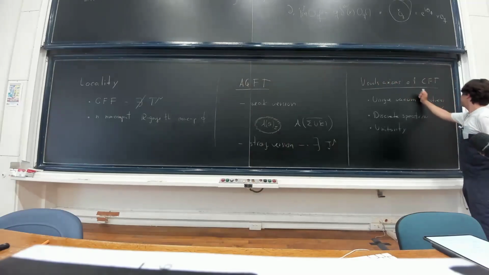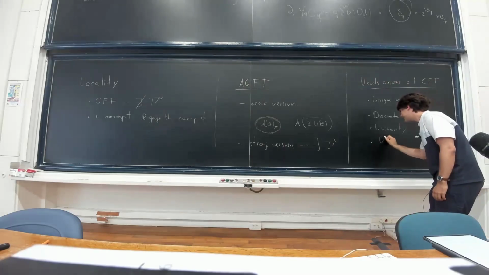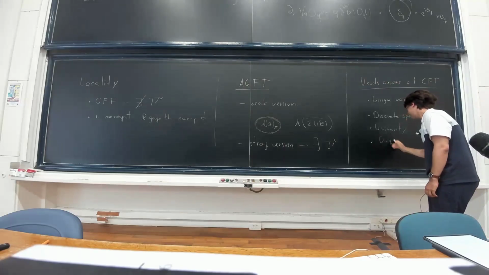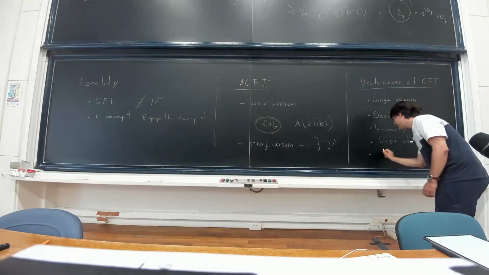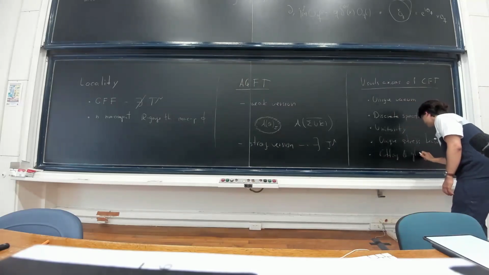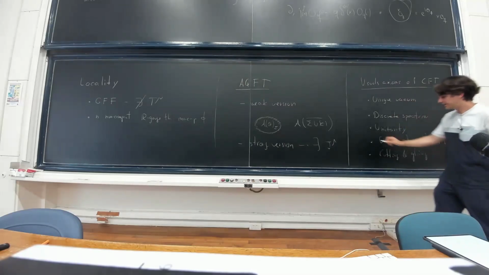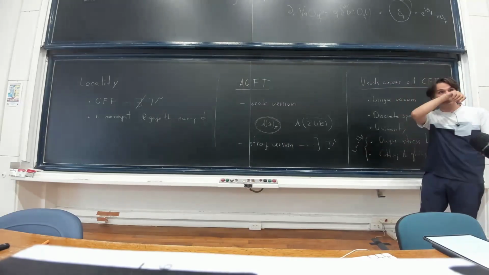Okay. So actually, let me add the stress tensor here, and then I have a unique stress tensor, and then cutting and gluing for modularity. In fact, these are the notions of locality that will be important.